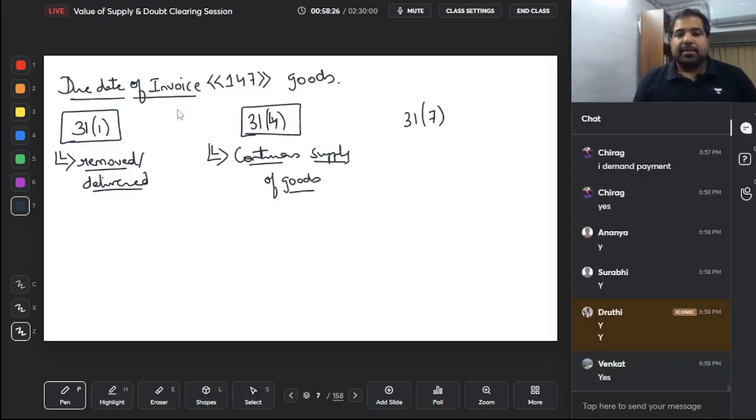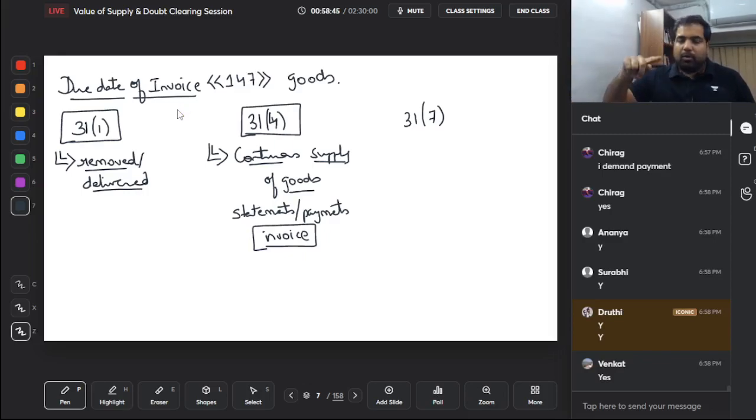In that case, as and when you get your statements or as and when you have to make payments, by then the invoice should be issued. So let's say for your gas electricity bill, your statement comes on the 1st of every month or 1st of the next month, then the invoice should be also coming along with that or before that.